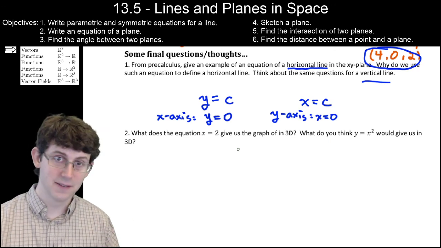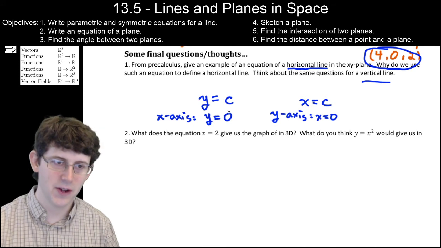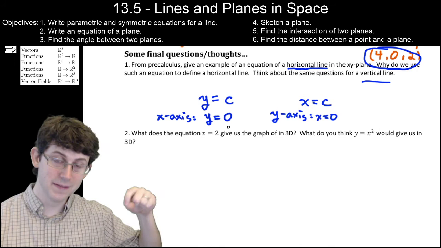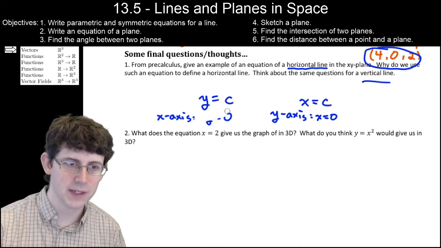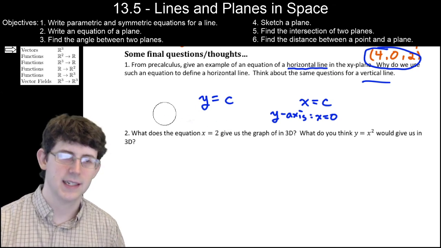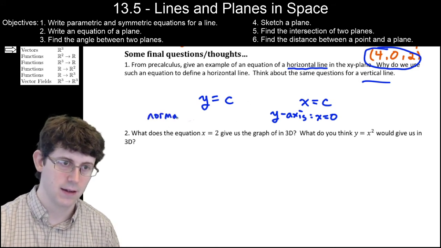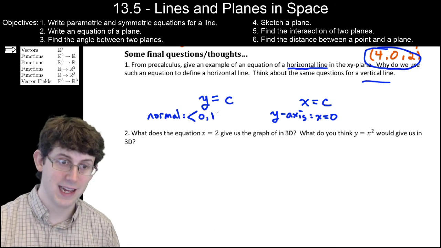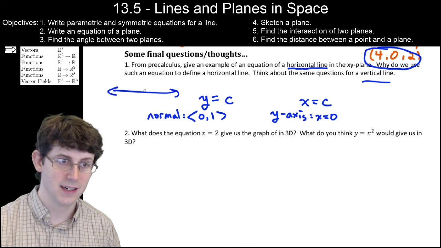But now that you know that you can pick out a normal vector from a single equation like this, you can say, oh, well, y equals c has to be horizontal because of the normal vector to this object: there's nothing in the x slot and there's 1 in the y slot. So whatever this object is, this horizontal line, its normal vector points this way.